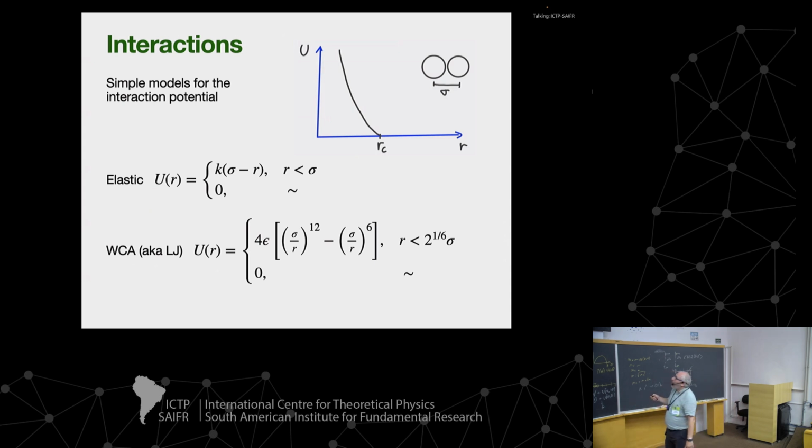Okay, this is the elastic model, and the standard model that people use is the WCA model. That's also called truncated Lennard-Jones.